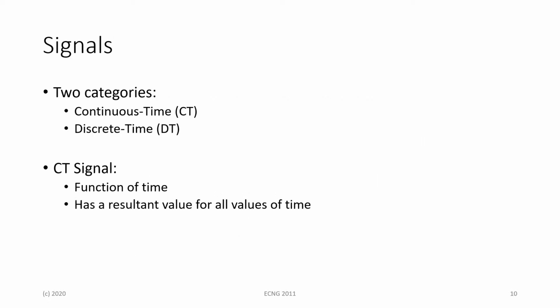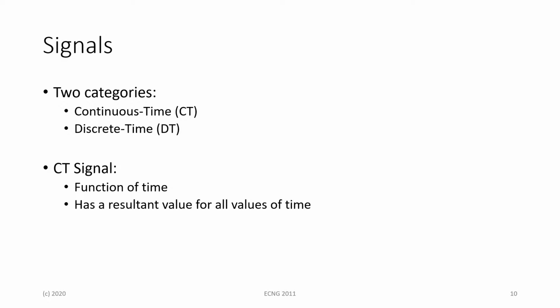Now in this course, we're going to be focusing on two categories of signals. In particular, we'll be looking at continuous time signals, and then way later on in the course, we'll be looking at discrete time signals. For the majority of the course, we'll be focusing on continuous time signals until the last 3 lectures, which are going to be heavily focused on discrete time signals.